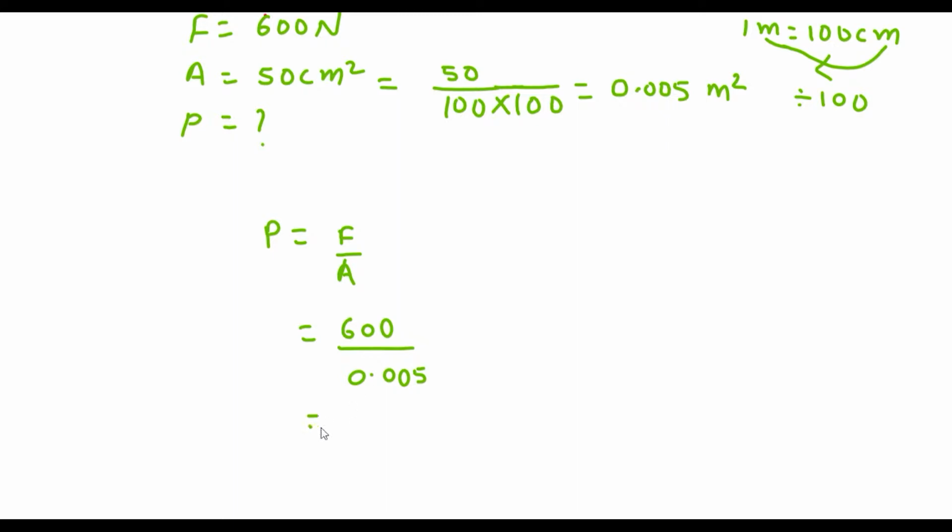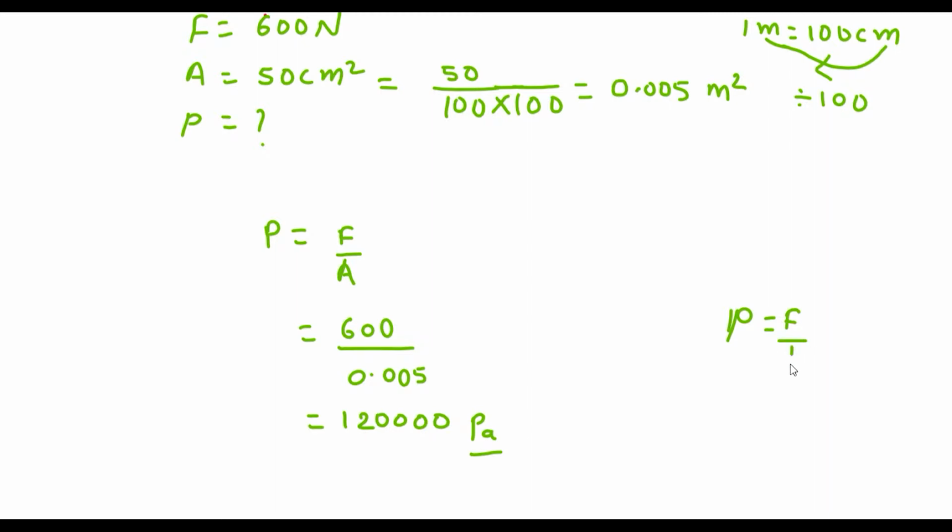So when we calculate 600 divided by 0.005, we get 120000, and the unit of pressure is Pascal, or Pa, or we can also write Newton per meter square, because the unit of pressure is Pascal or Newton per meter square.